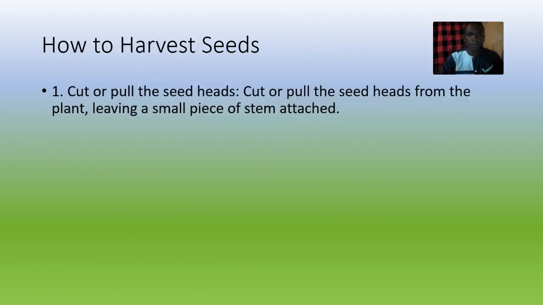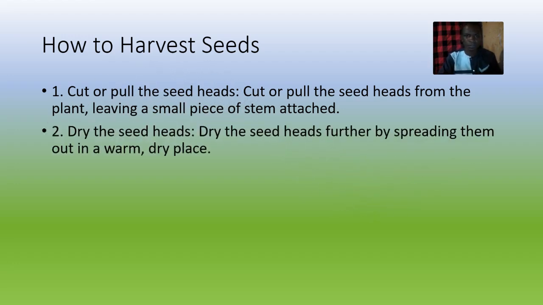Then cut or pull the seed heads from the plant, leaving a small piece of stem attached. Dry the seeds further by spreading them out in a warm or dry place, maybe under the sunshine.